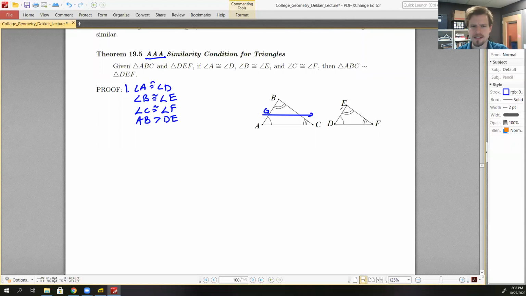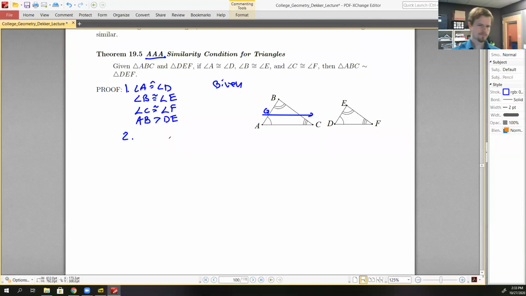We can assume that without loss of generality because one triangle is going to be bigger than the other. If that's not the case, then they're simply congruent, which is a stronger condition than similarity anyway. So we don't need to worry about equality of side lengths. We need inequality of side lengths, so assume that this one is bigger. So these are the givens.